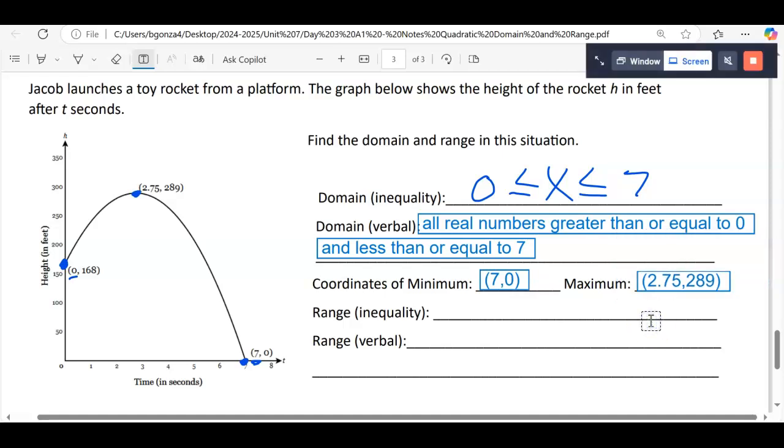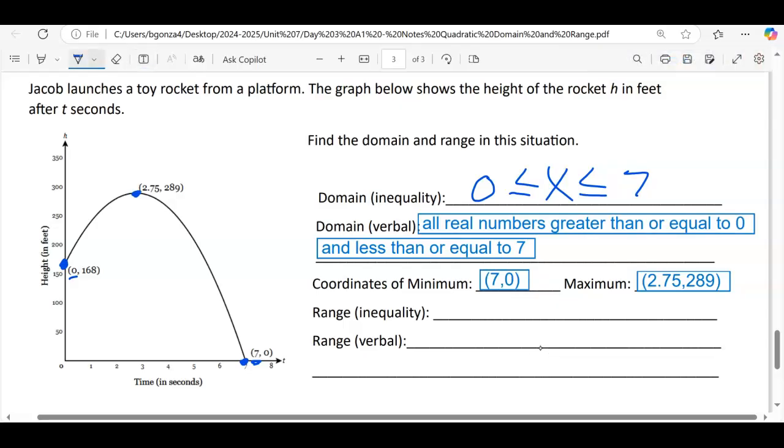Cool. So why do we write down the minimum and the maximum? Because you need it to find the range. The range is the y values, and you say it's less than or equal to on each side, the y value of the minimum and the y value of the maximum.